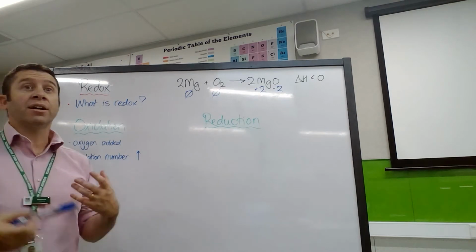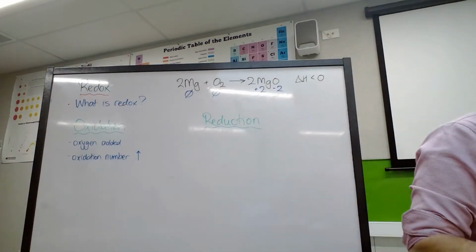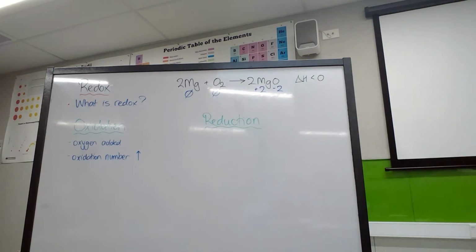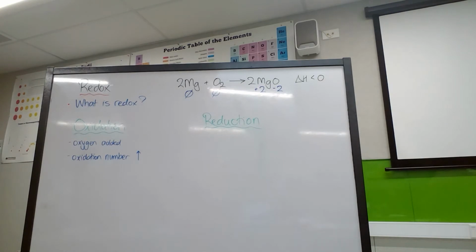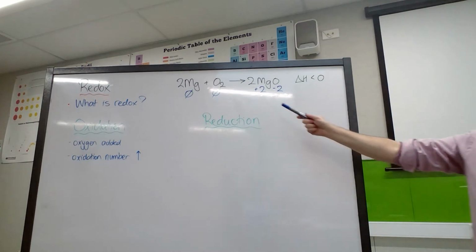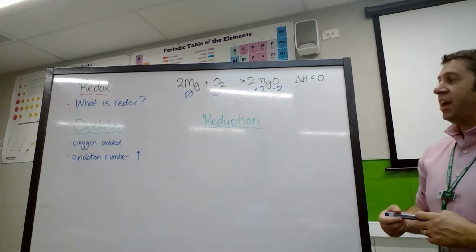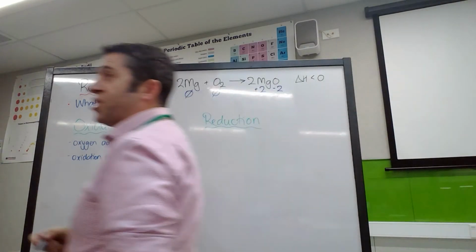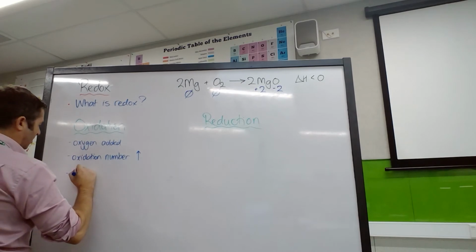It's going from being in a metallic bond with its 12 electrons being used to create that element to being magnesium ions where it's only got 10 electrons that it sort of owns, as it were, that belong to it. The other 2 have been transferred or lost to create the ionic bond. So the other thing that we notice is that in oxidation, anything that has an increased oxidation number doesn't always have oxygen added. It often just is losing electrons.